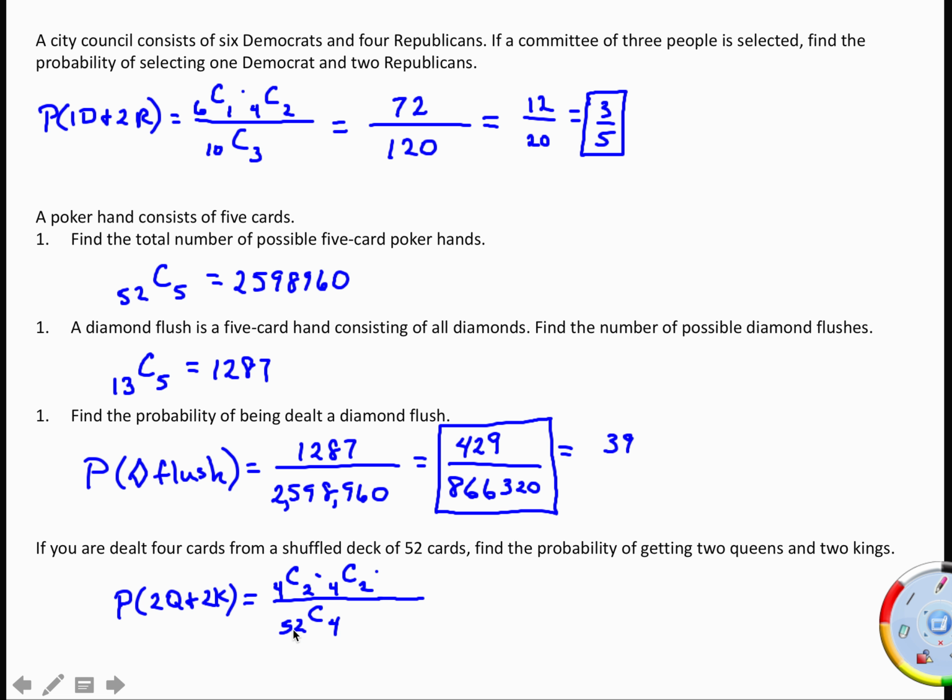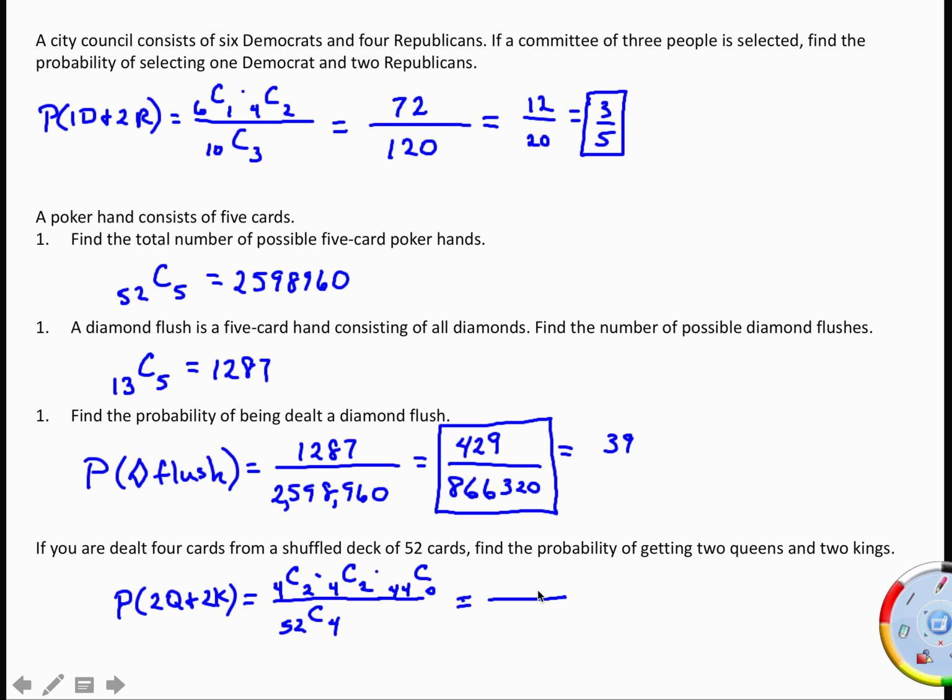So if there's 52 cards, that leaves 44 cards left, but I'm going to choose 0 of those, which is 1, right? But again, this is just a thought consideration. I don't really have to have it on there because it's 1, but just to make me recognize that I look at all options: the kings, the queens, all the other cards, and how many I get out of it.